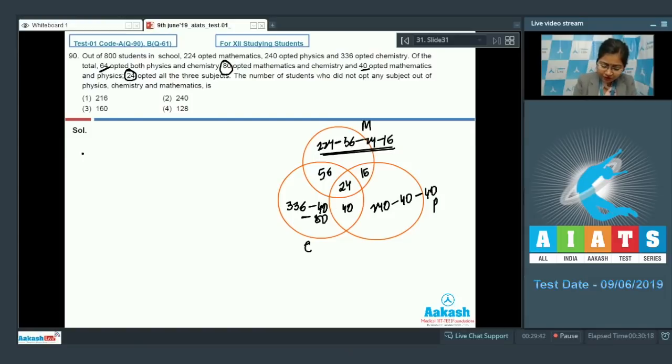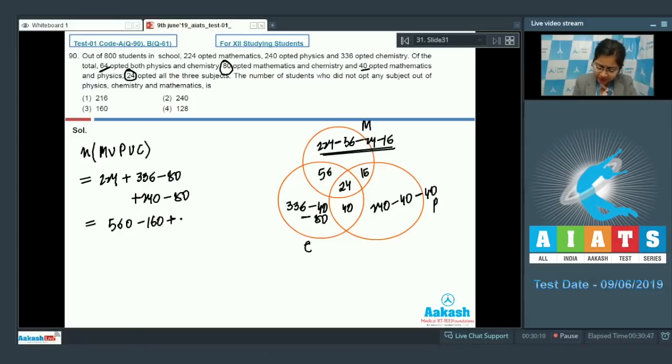So if we find the number of students in M union P union C, that will be equal to 224 plus 336 minus 80 plus 240 minus 80, that is 560 minus 160 plus 240, that is 560 plus 80, which is 640.